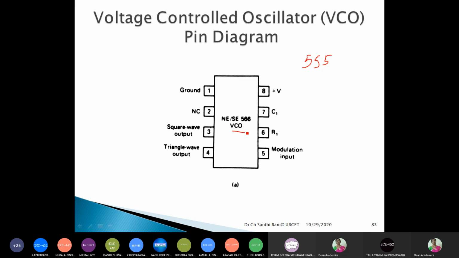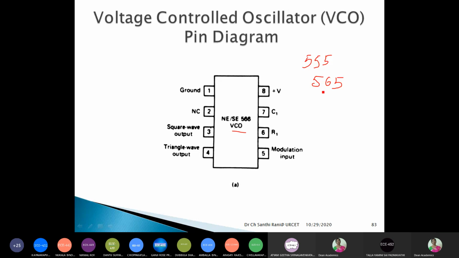We came across this voltage control oscillator when we discussed the 565 PLL functional diagram.